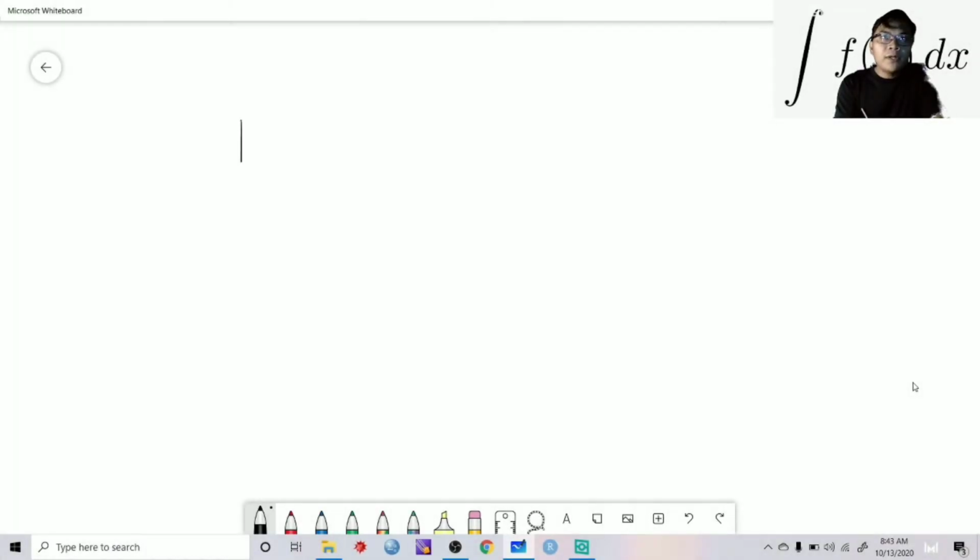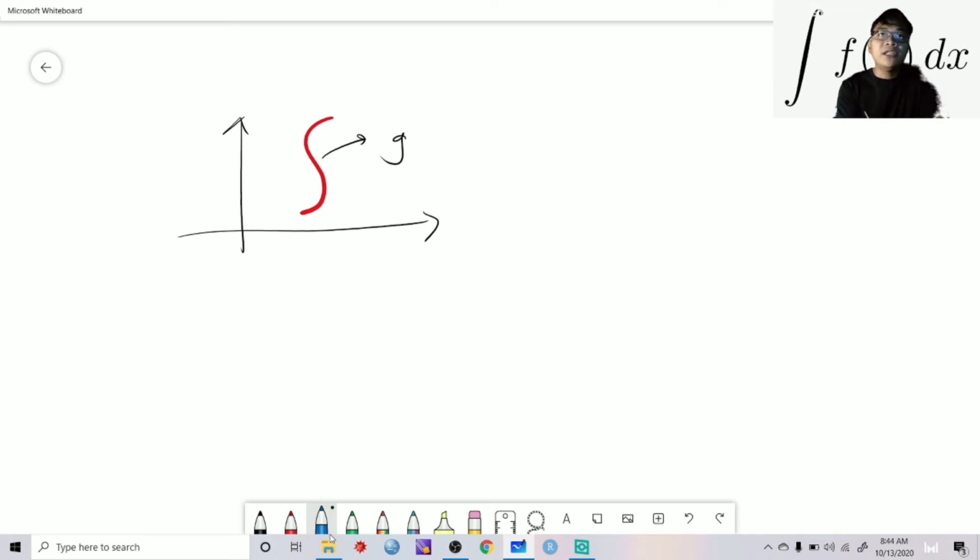What about if we have a function that looks like this, and that function we call g, and we bound this g by using two horizontal lines.